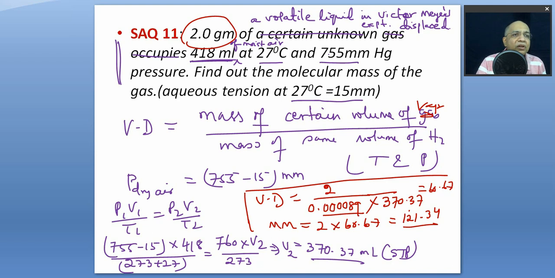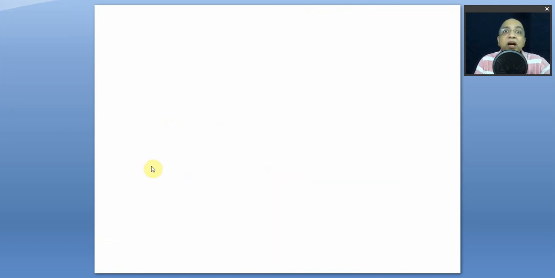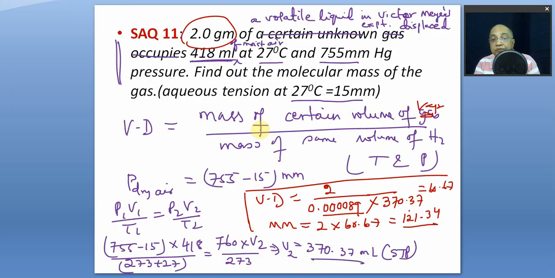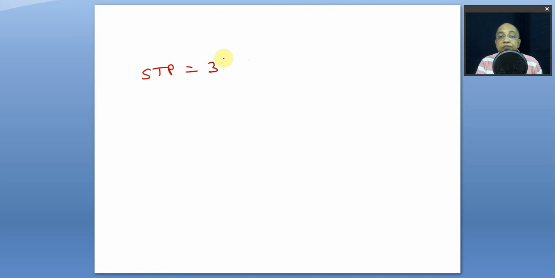You can as well, supposing I bypass it. I don't know what is Victor Meyer. I will know that the STP volume is this much, 370.37.